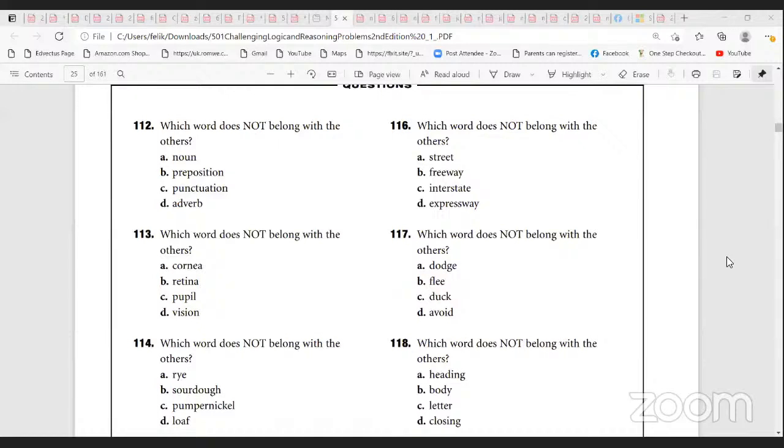B. Retina. C. Pupil. And D. Vision. Okay, what is your answer, darling? What is your answer, honey?